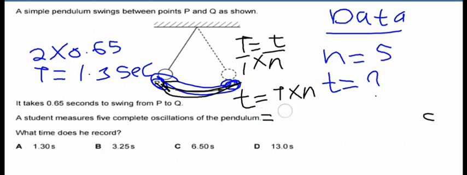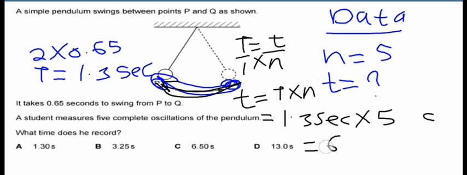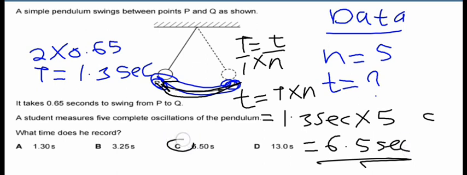So we have the period of the pendulum, which is 1.3 seconds, multiplied by the number of oscillations, which is 5. Then when I multiply, I'm going to get 6.5 seconds. So in this case, 6.5 seconds is the same as 6.50 seconds. So we can just say our final answer is going to be C.